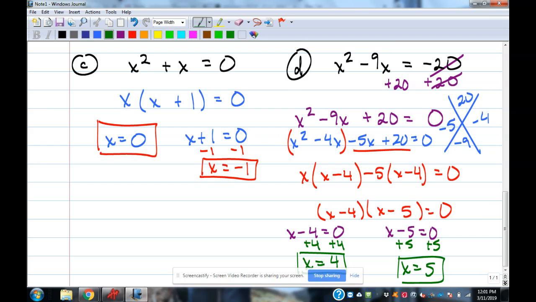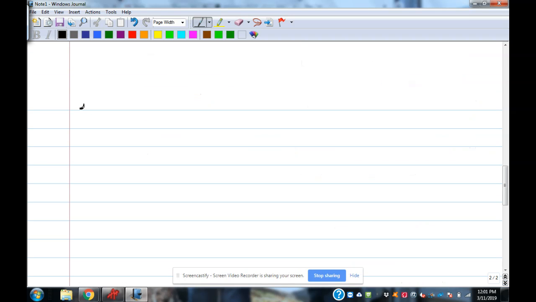All right. Let's try another one here. x squared minus 43 equals 6. That's right. It does not equal 0, so we got to get that part done first. So what do I do? Subtract 6.